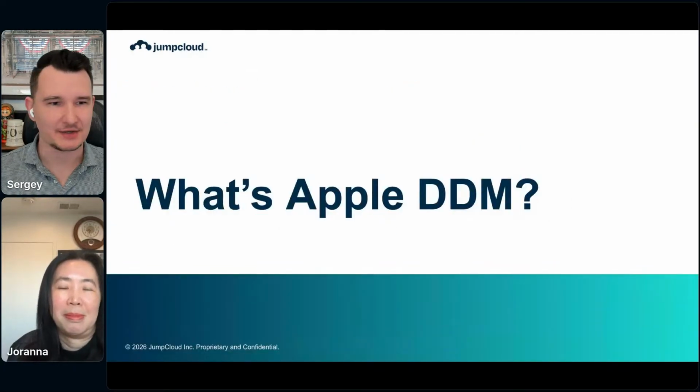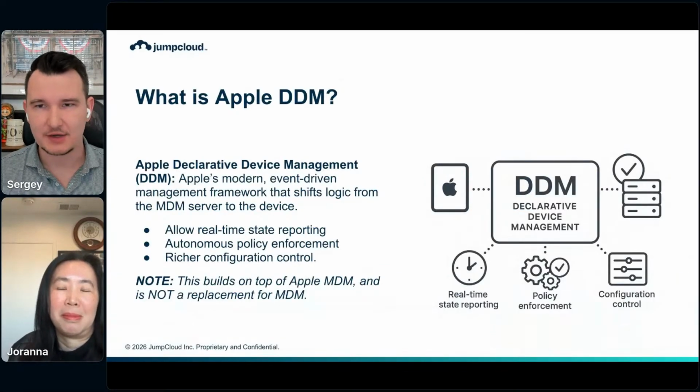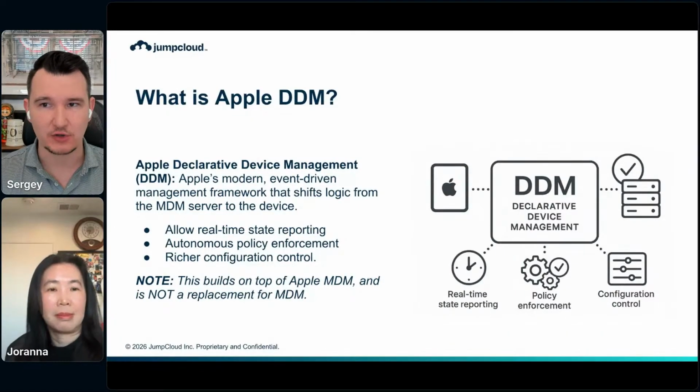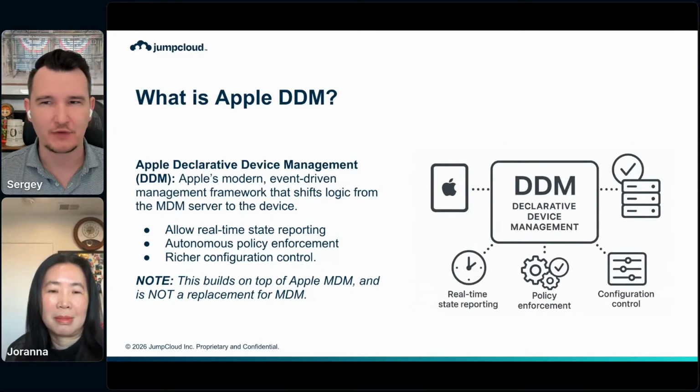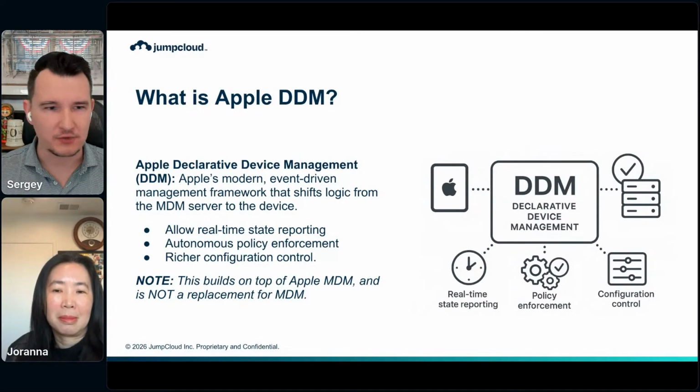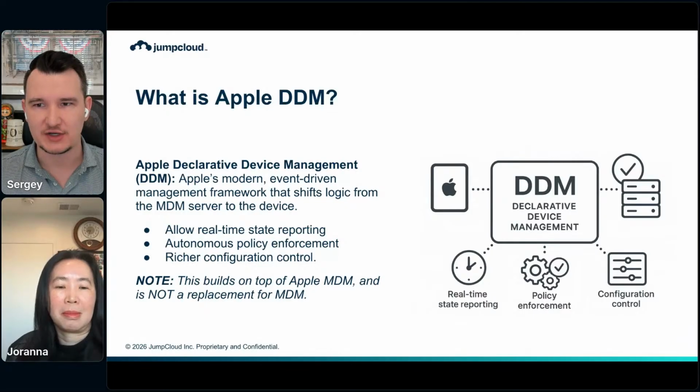Yeah, absolutely. This is exciting. We'll go into what exactly it is, and then we'll talk about more details in great depth here. So, the Apple MDM protocol historically has been called an imperative or reactive protocol, meaning each management workflow takes time. It's multiple round trips between the device, or the endpoint, and the MDM server, the JumpCloud MDM server. And that compounds performance challenges. The future of device management when it comes to Apple MDM is declarative.